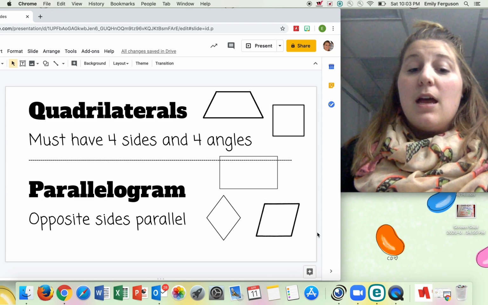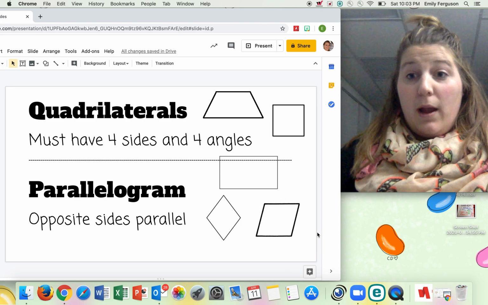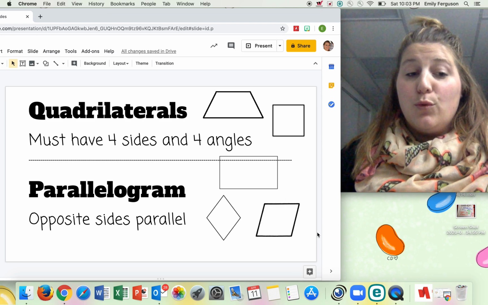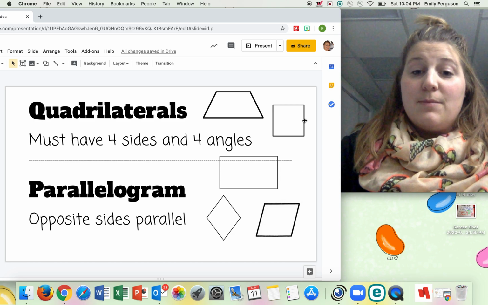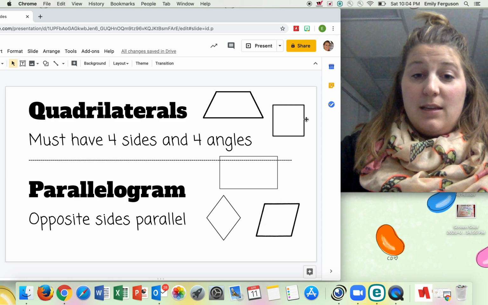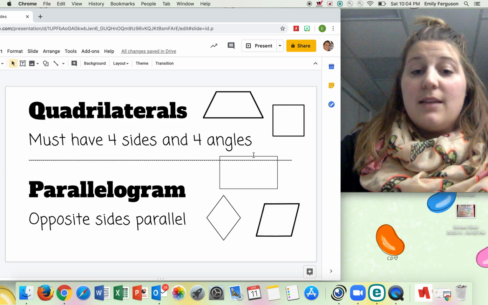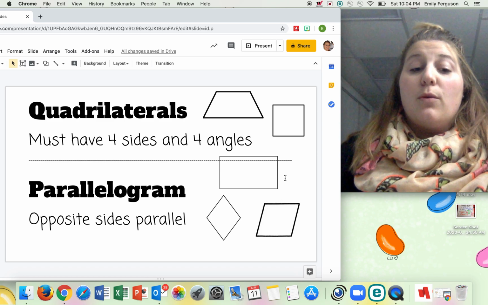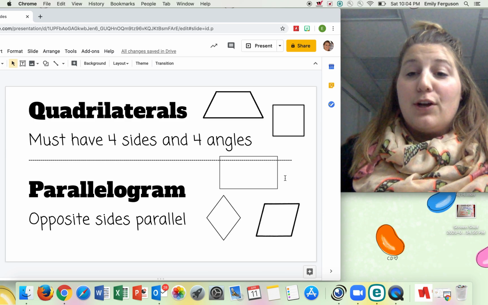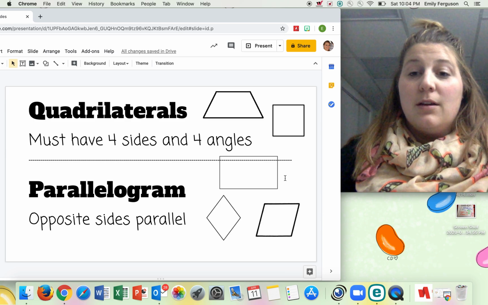So, for example, a square has 2 pairs of parallel sides, because this side and these opposite sides are parallel, and these opposite sides. Same thing with a rectangle. Those are going to fall under the quadrilateral bracket.